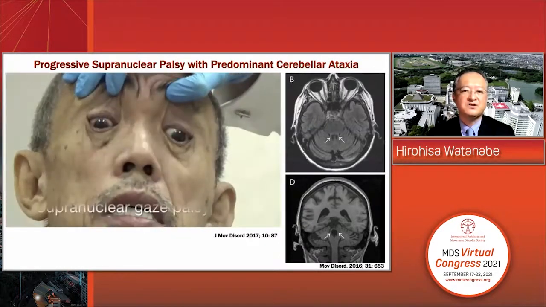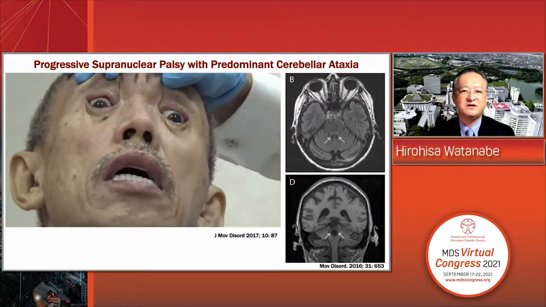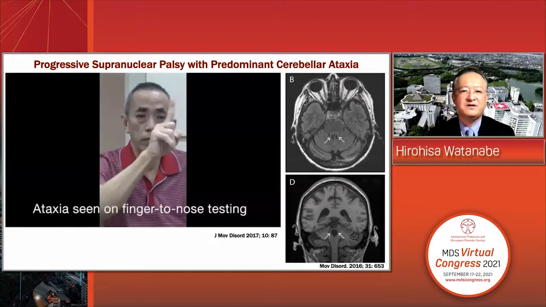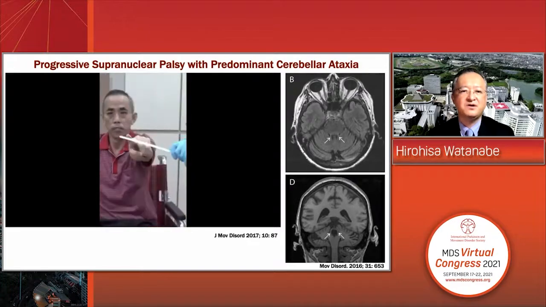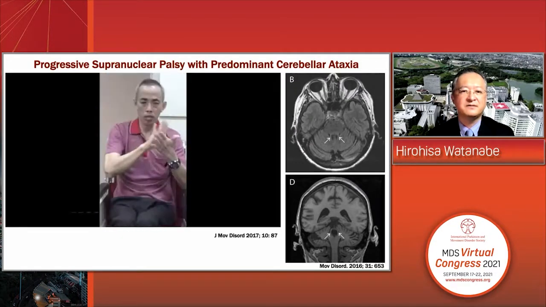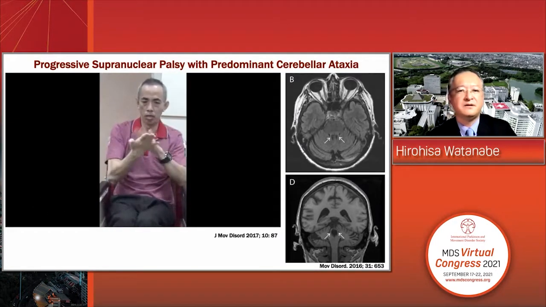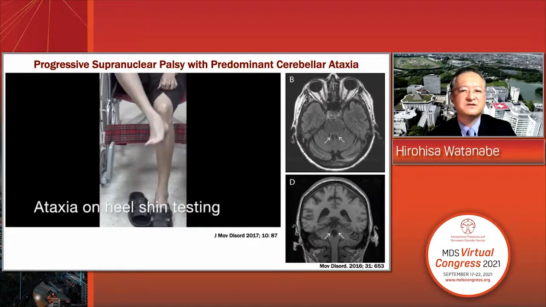This patient showed a significant supranuclear gaze palsy. In addition, this patient showed significant involvement of the cerebellum, like this one. Limb ataxia is evident in these patients.